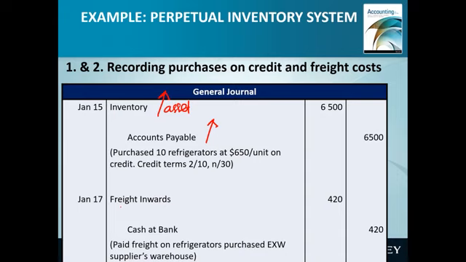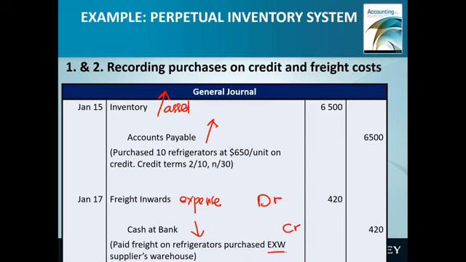Debit, increase inventory; credit, increase accounts payable. Okay. And then you have to pay, for example, in this question it is ex-works. Ex-works means the seller will not pay for you, so you have to pay for the transportation cost. So debit freight inward, this is your expense. And if you pay by cash, your cash will reduce. So this is credit, this is debit.